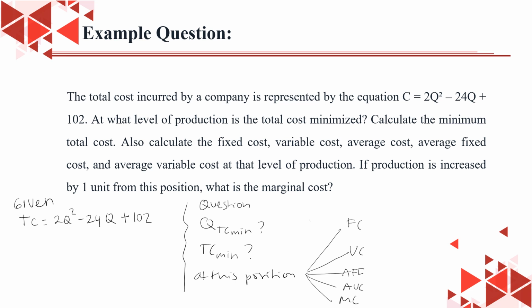Okay, so now let's go through the first question. Total cost is this one, and first we have to find Q at TC minimum. Again, this is a quadratic function. Remember from the previous week that we need to define the a, b, c first. A here is 2, B is minus 24, C is 102.